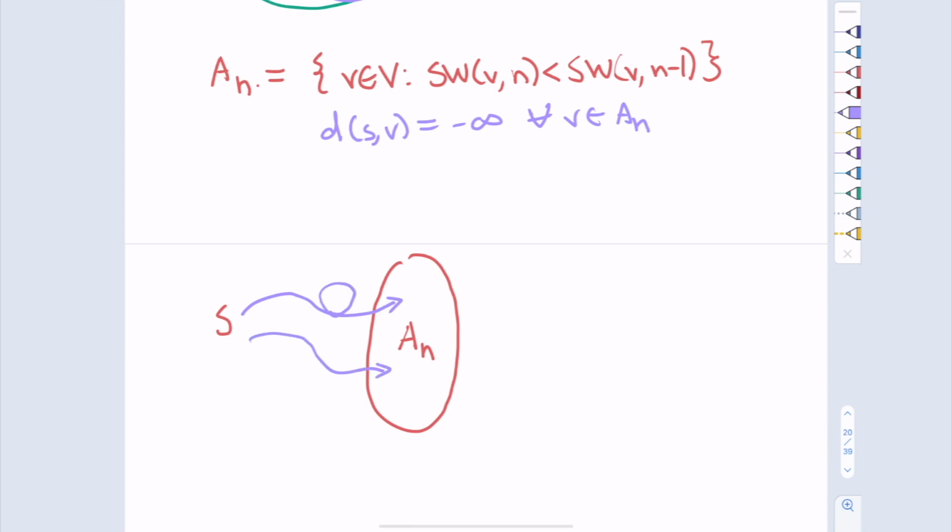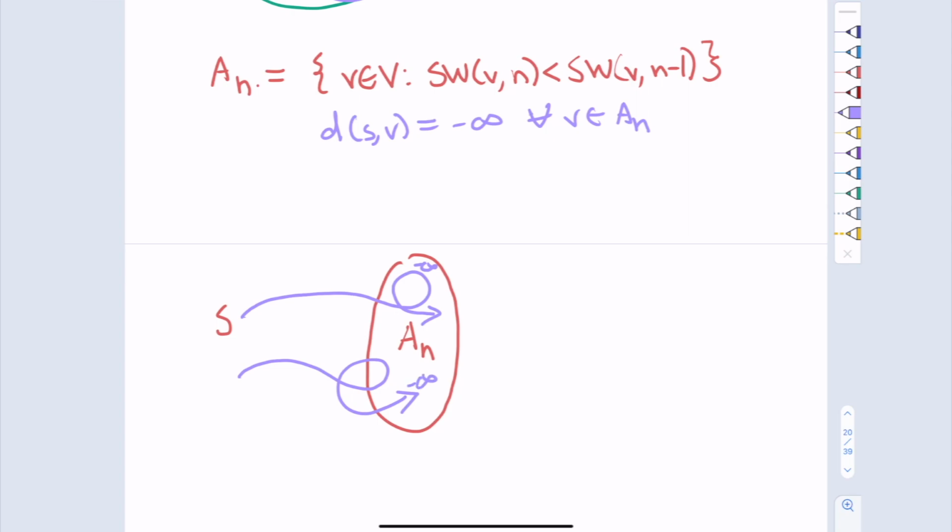So maybe I should draw something like that, or I guess the negative cycle would have to be inside A sub n. So let me redraw it this way. Or no, it doesn't have to be inside A sub n, but okay, there is some kind of negative infinity going on for everyone in A sub n.